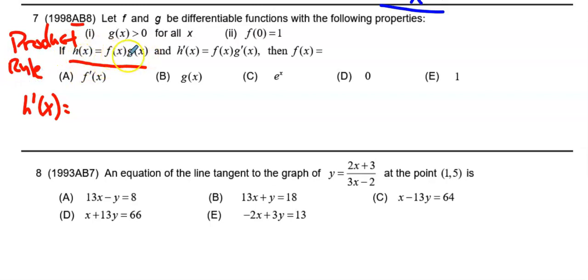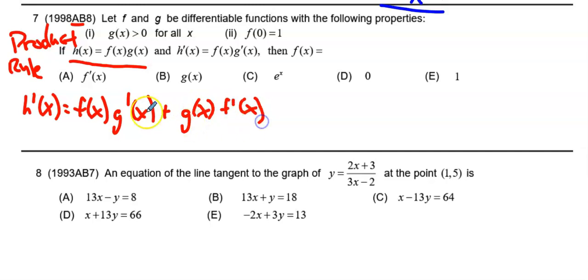Because again, we're given a function where we have a product of 2 functions. So we go first times the derivative of the second plus the second times the derivative of the first. This is the true derivative of h of x. Well, this is saying to us that the derivative is actually f of x g prime of x. So what this means, ladies and gentlemen, is that the other term has to equal 0.